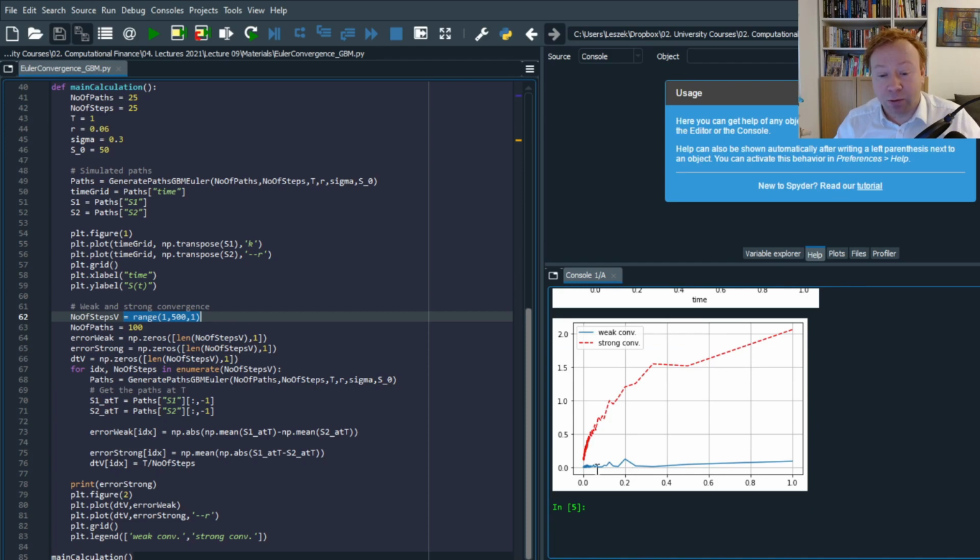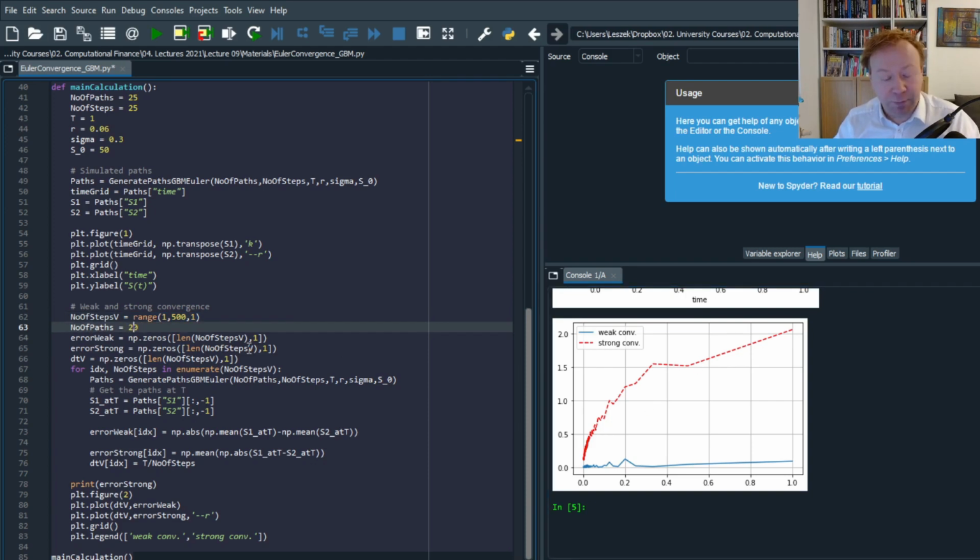This is the error. The blue line corresponds to the weak convergence. It's slowly growing, and we have a square root of delta t for the strong convergence. You see, this doesn't resemble maybe the picture that we have seen in the slides. This can be achieved if we have a higher number of paths. Let me do 250.